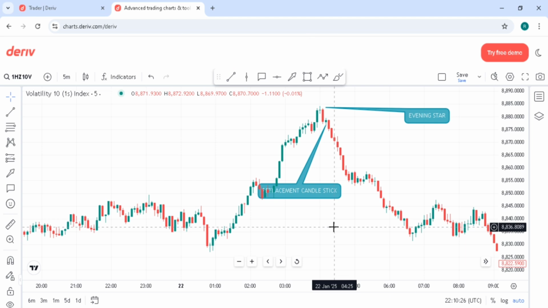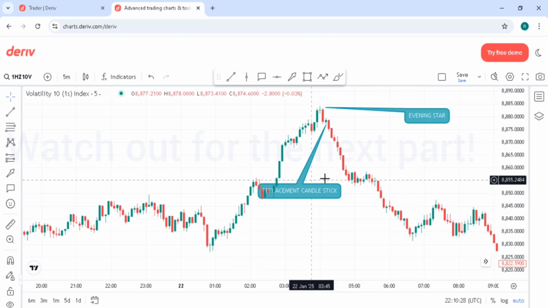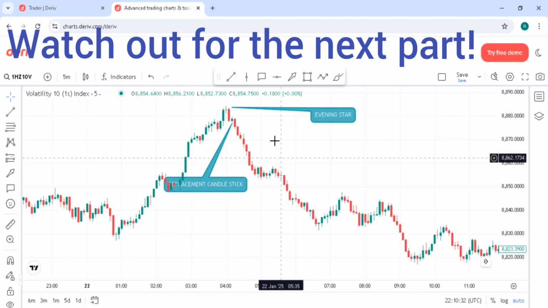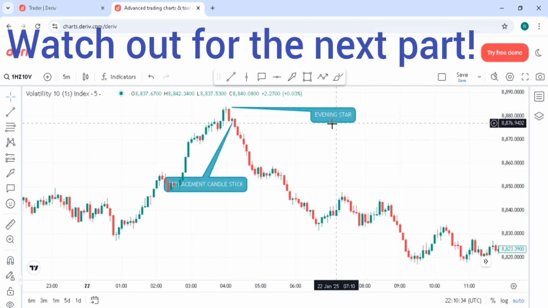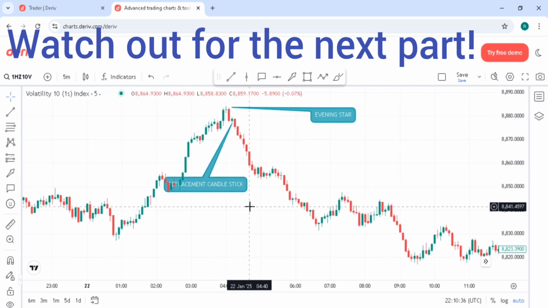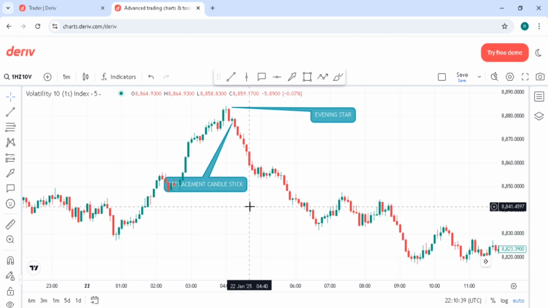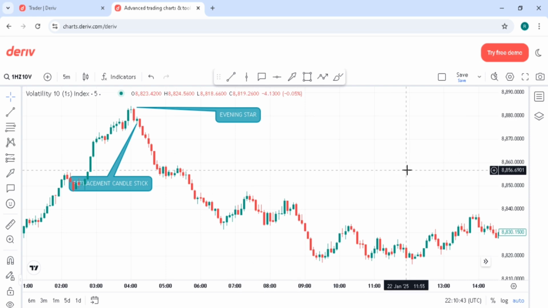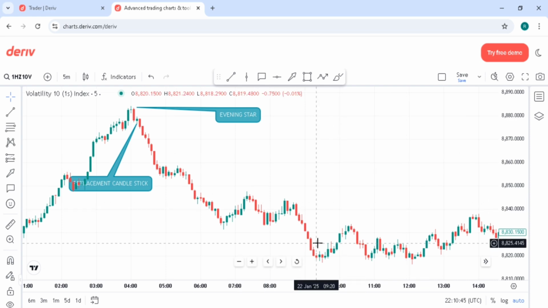So that is all for this part. In the next part, I'll show you how to enter the trends now. But I will combine this evening star, the morning star, and the dark cloud cover, all the patterns that we have looked at.